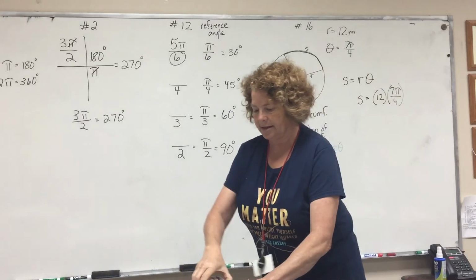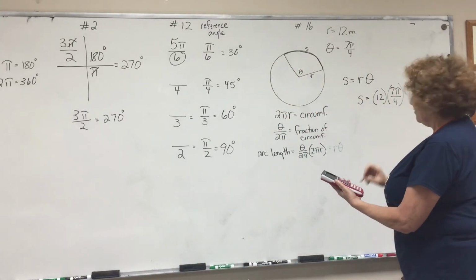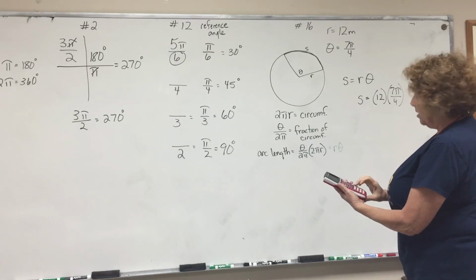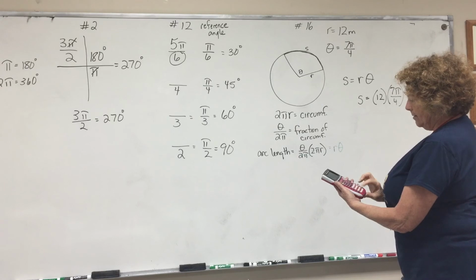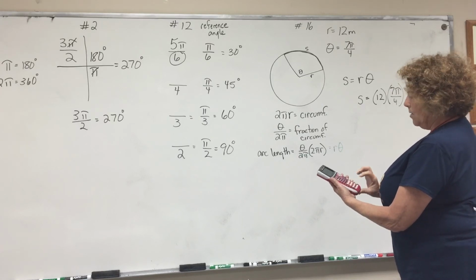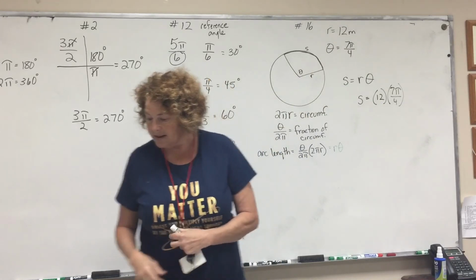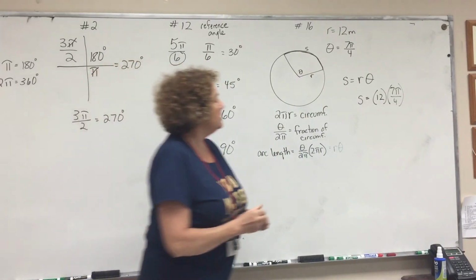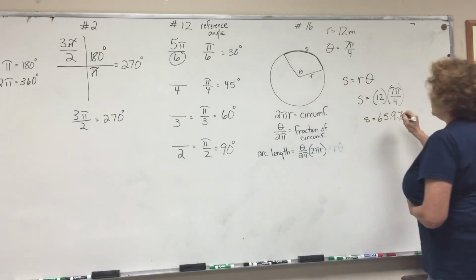An easy way to multiply it is to multiply the numerators, then divide by the denominator. So 12 times 7 times pi, enter, divided by 4, and you get 65.97 is your arc length. Okay?